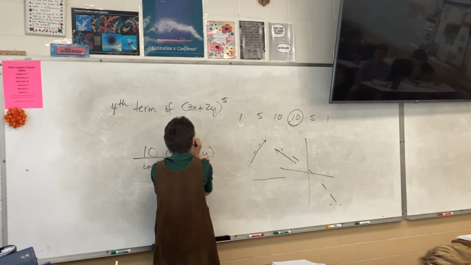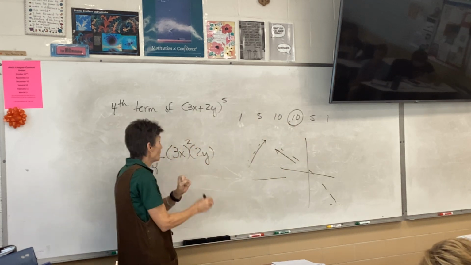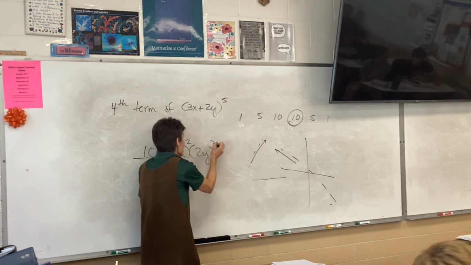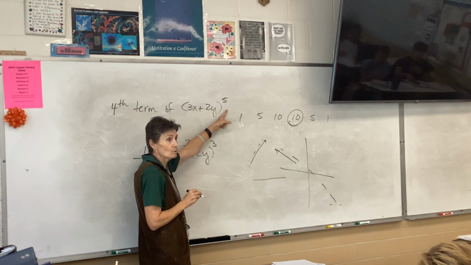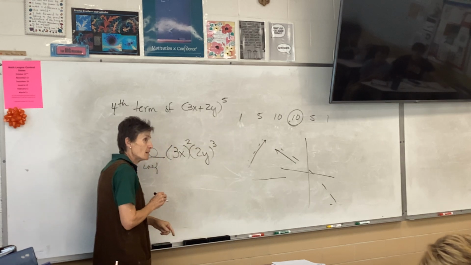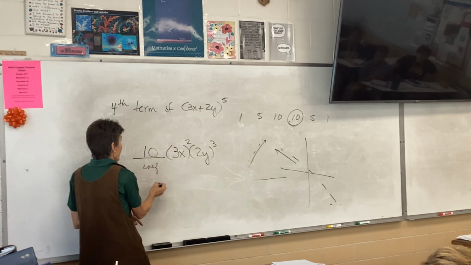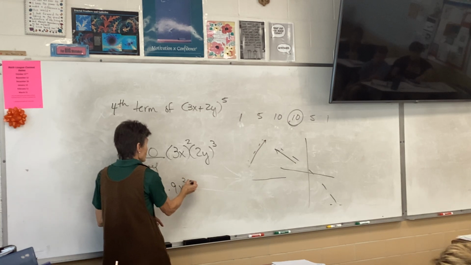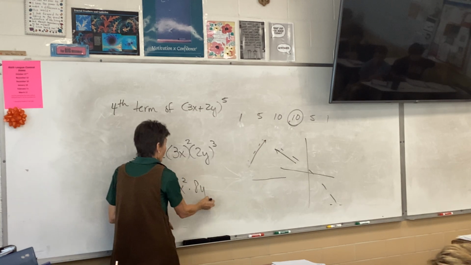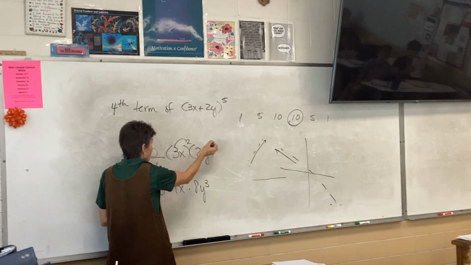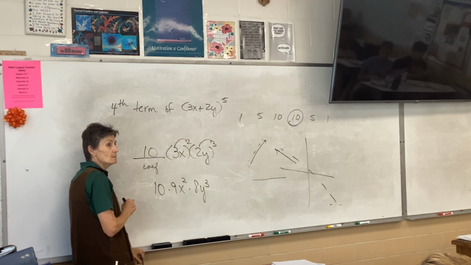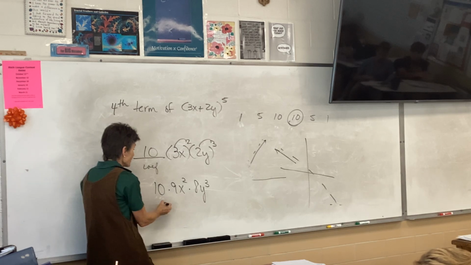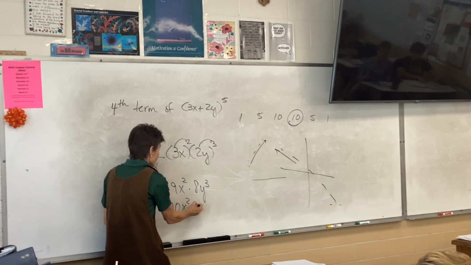So my 3x is gonna have a 2, which means my 2y is gonna have a 3, because they have to add up to 5. And then, being careful, I'm gonna multiply 10 times 9x squared times 8y cubed. Remember to apply the exponent to the 3 and the 2 also. So your answer would be 720 x squared y cubed.